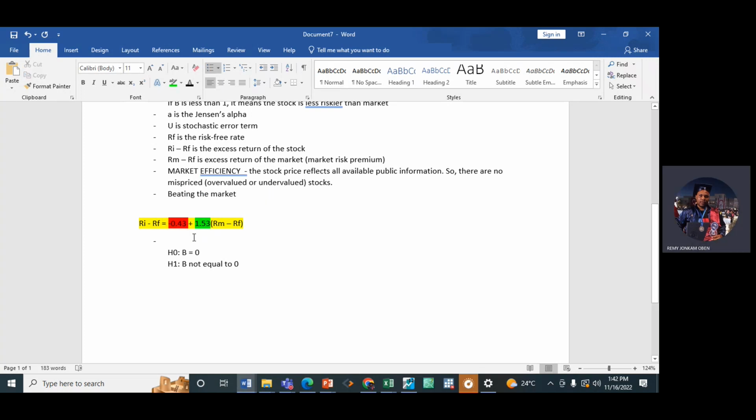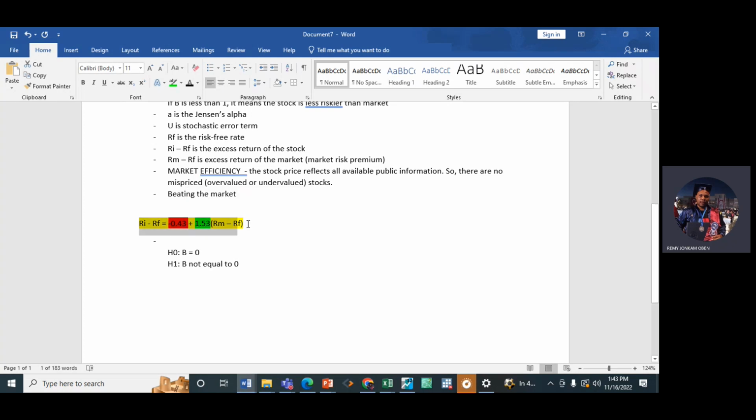So in order that you should not beat the market and the market should not beat you, this alpha should be statistically equal to 0. It should be insignificant. So to test for this alpha, we are using this hypothesis, equal to 0, not equal to 0. Now, the first thing is we should check if this alpha is significant. If it is insignificant, then we don't even check the mathematical value. We just conclude that there is no alpha.